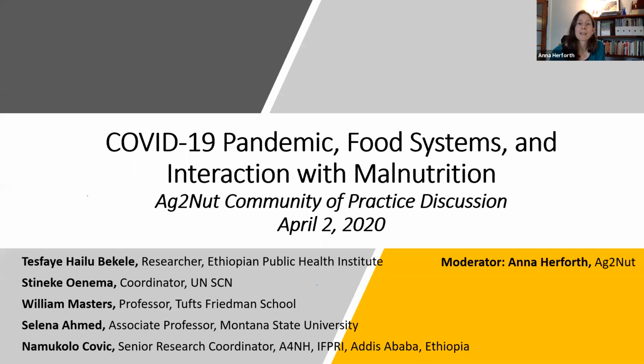And then also, out of this call, we would like to come up with a document that we'll share that synthesizes what we discuss and resources, and if there are priorities that emerge as far as what each of us can bring in our own efforts or our own advocacy, our own interaction with leaders or as leaders to mitigate any negative effects that are coming from this crisis on food systems and on nutrition.